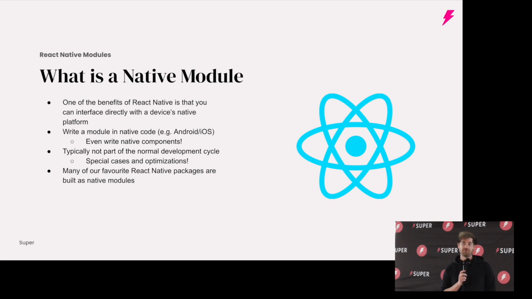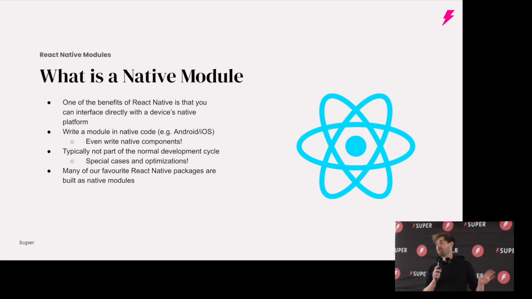Typically, it's not part of the normal development cycle. In general, if there's something you want to do, you should really try to do it in React Native first instead of going over to a native module. Lots of reasons for this. Now you need to know Android. Now you need to know iOS, and you're writing code for two platforms, and you're writing the code three times because you're writing it in JavaScript, Android, and iOS in a lot of cases.